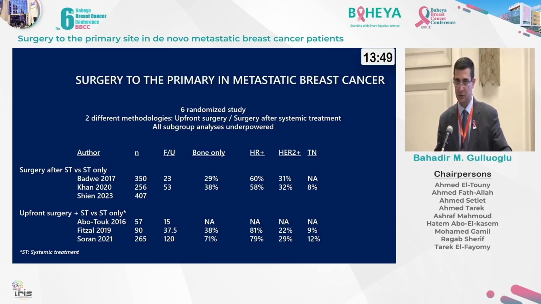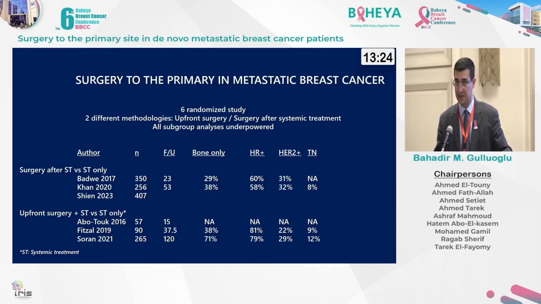But in the second group, including the Turkish and the Egyptian study, which is a small study, but I also put it in here just to mention it because some meta-analyses also included this study for the final analysis. So here, all the patients are randomized upfront, either to the surgery or the systemic treatment.